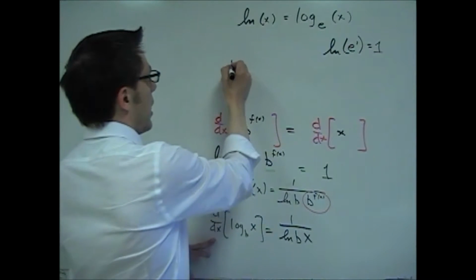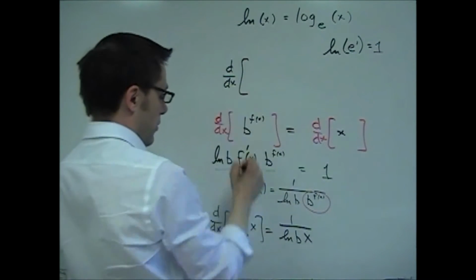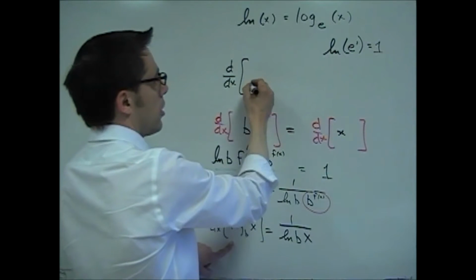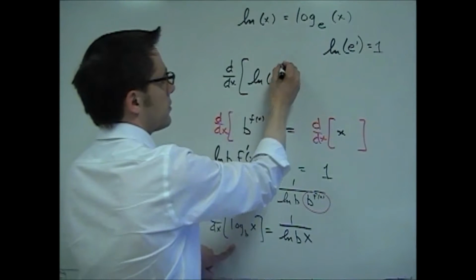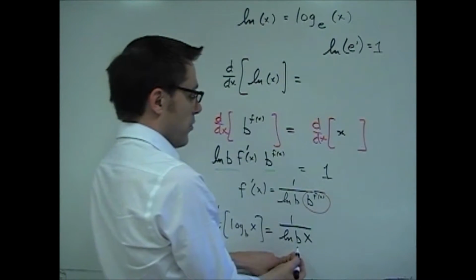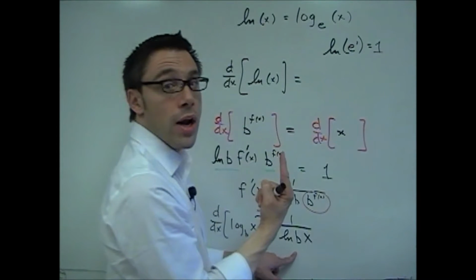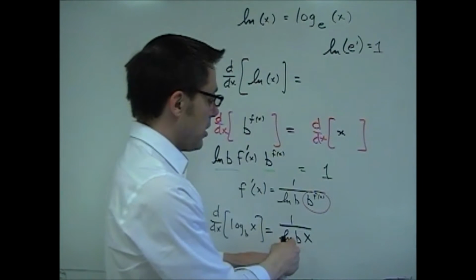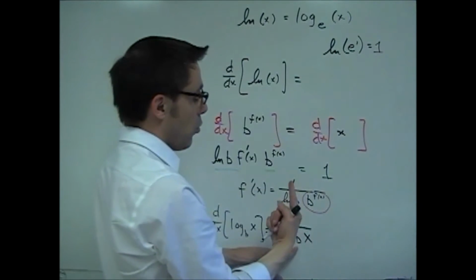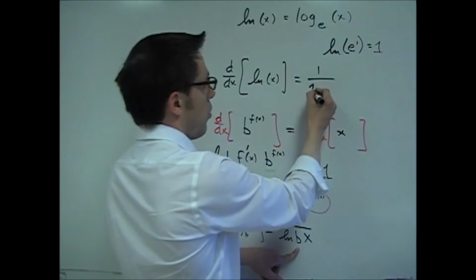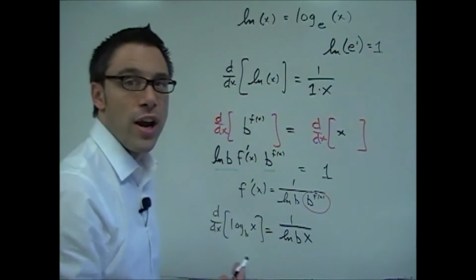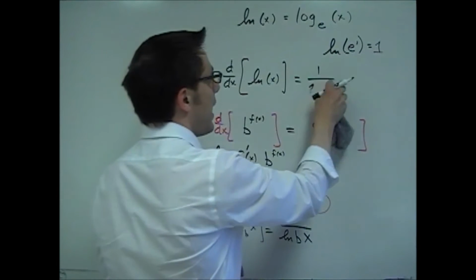In particular, d dx of natural log of x is equal to, I use this exact same formula, except of course the natural log of b is equal to 1, right? Because if I replace b with e, I get 1. So I get 1 over 1 multiplied by x. Of course we don't usually write 1 multiplied by x, we just write it as x.